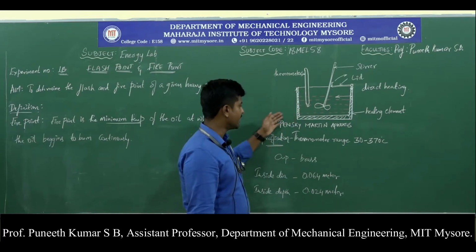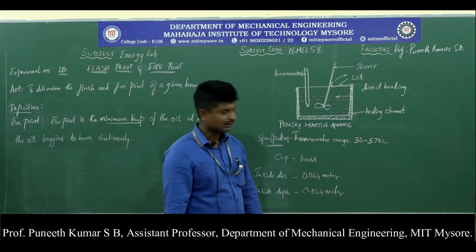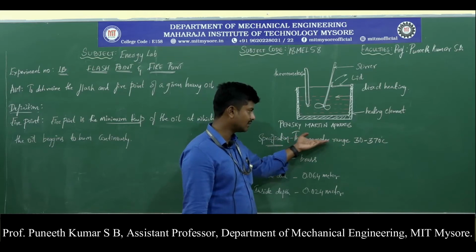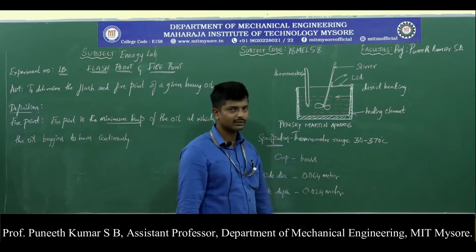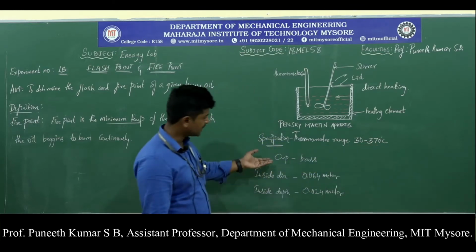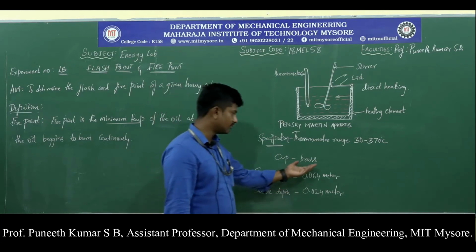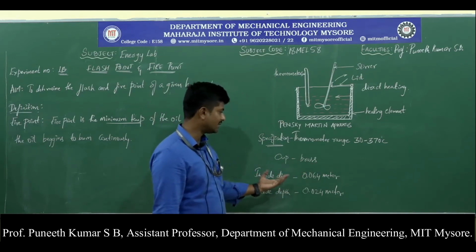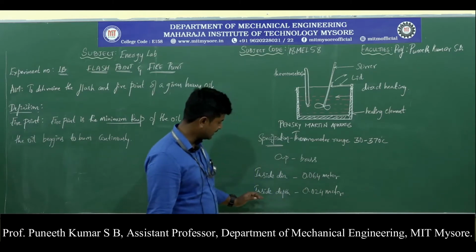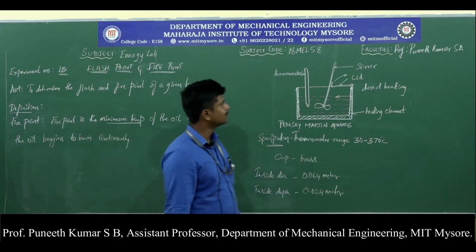The name of the experimental setup is Pensky-Martens apparatus. Okay. So the specification: one is the thermometer range, which is from 30 to 370. This is the minimum and maximum temperature. The next is the cup used over here is of brass. The inside diameter is 0.064 meter and the inside depth is 0.024 meters.